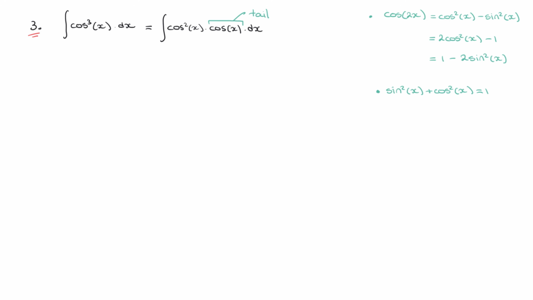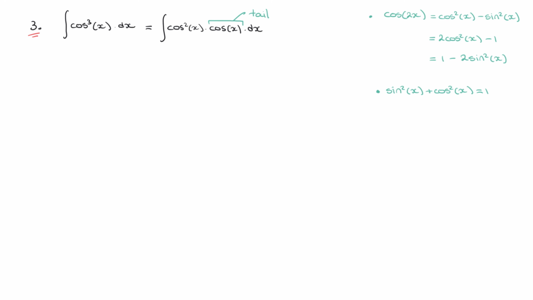And when integrating odd powers of cosine or sine, we'll always take a tail out, just as I did here, and if the tail is a cosine, then we'll need to rewrite the power term we have here as a power of sine. On the other hand, if ever the tail is a sine, then we'll need to rewrite the power term we have here as a power of cosine.